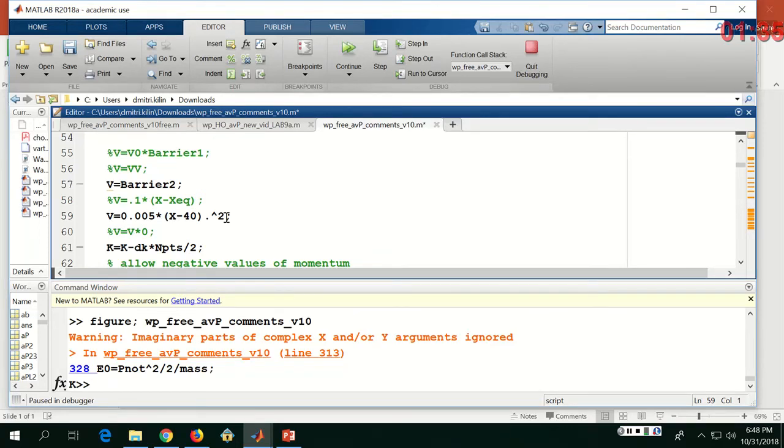So x squared will be sufficient, but we are starting our grid points not at negative, we start at zero. And if we put x squared, it will show only one whisker.